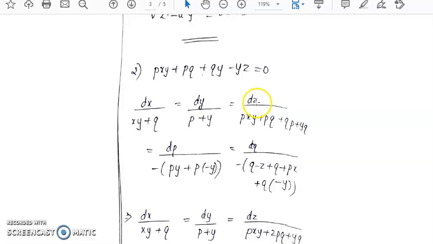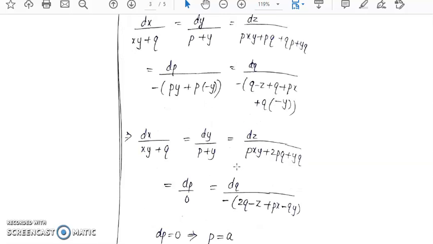Then dz by pfp plus qfq, so pxy plus pq plus pq plus qy. Then minus of fx. fx is py, plus p times fz, which is minus y. Then the last term you'll get minus of fy plus qfz.